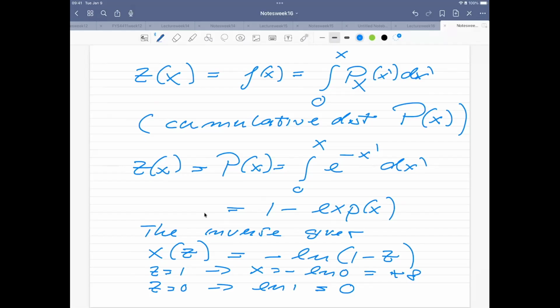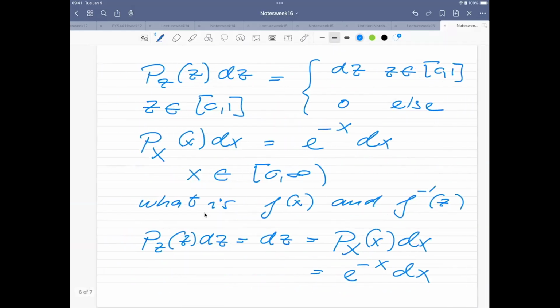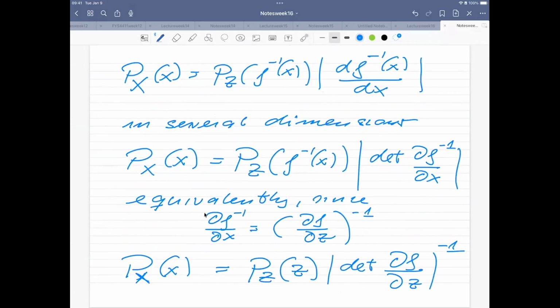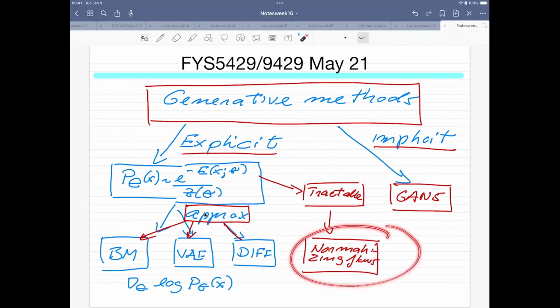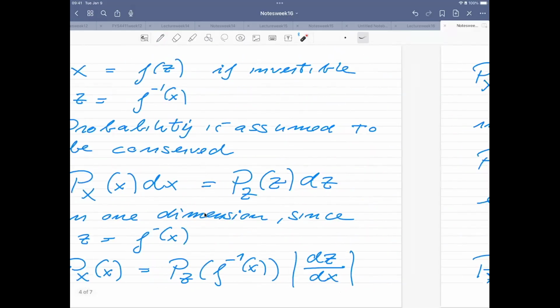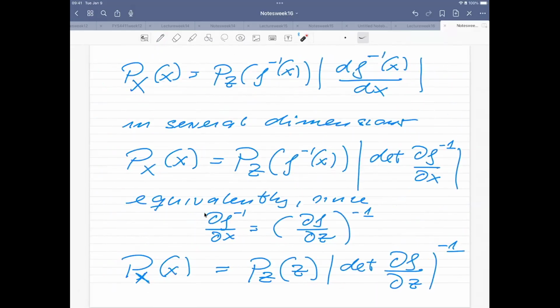So this was a case where, in this equation here, we assumed that we know this one, we know that one, but we didn't know this one. What you often have, when you use normalizing flows, which we mentioned in the very beginning, is that you have a model for this probability P of Z, and you have a model for this function F. And then you can define the probability.